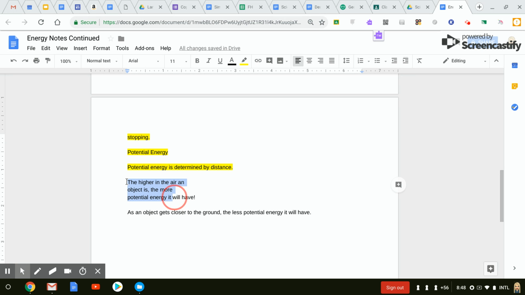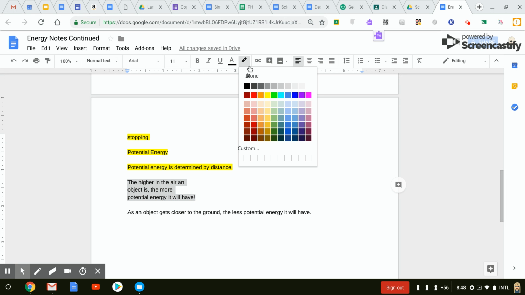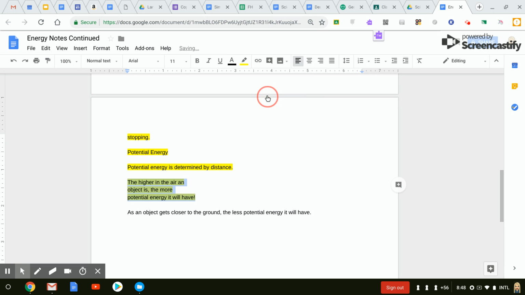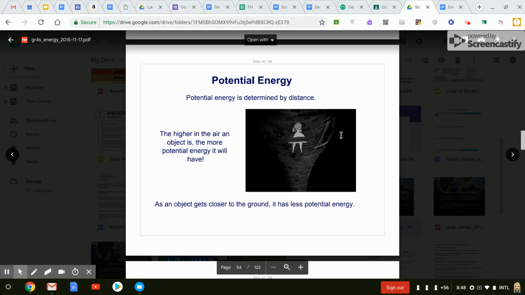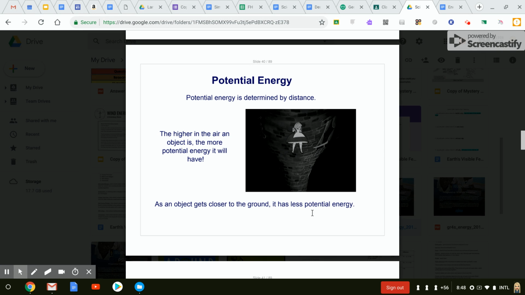So I should write down that the higher in the air an object is, the more potential energy it will have. And if we look at this picture, I think it's a picture of Alice in Wonderland. But as an object gets closer to the ground, it has less potential energy. So once again, think of a ball on a hill not as high.